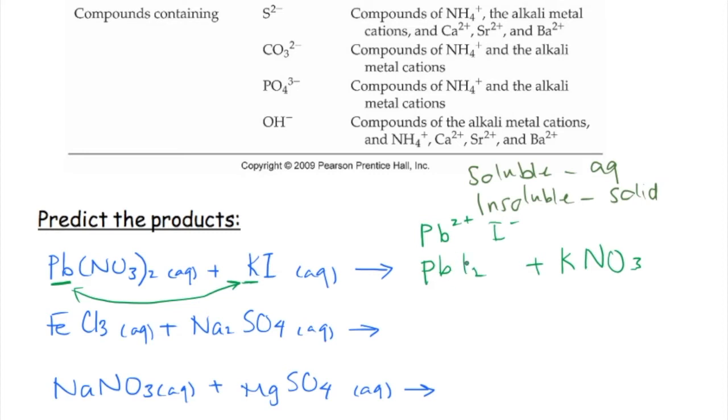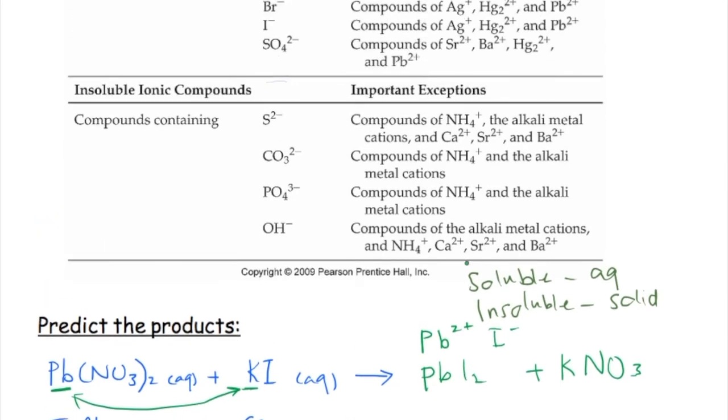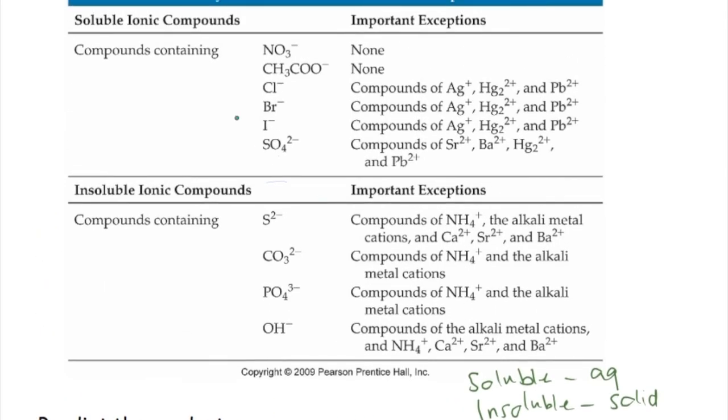Let's take a look. So it's PbI2. Iodine is a soluble anion except when it is bound to mercury or silver, and I forget the name of this one in English. It's coming to me in French, plomb. So whenever it's bound to Pb, it will be insoluble.